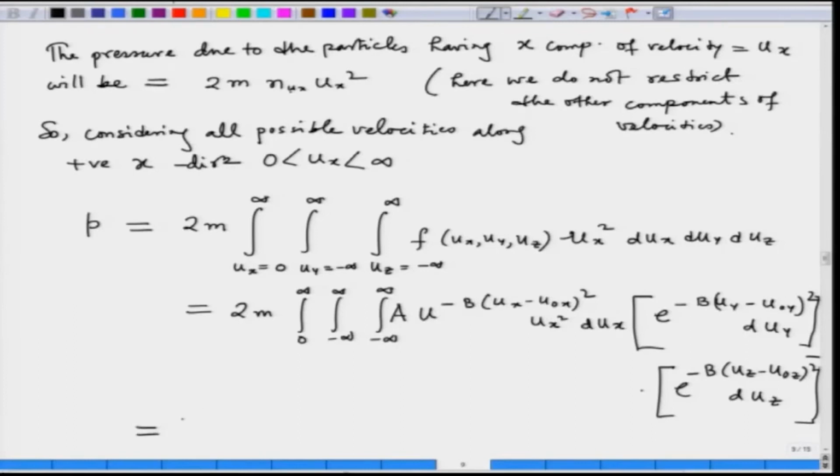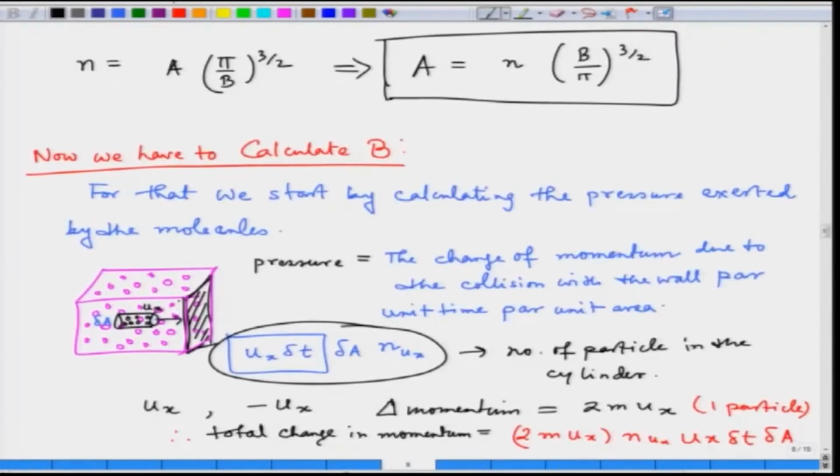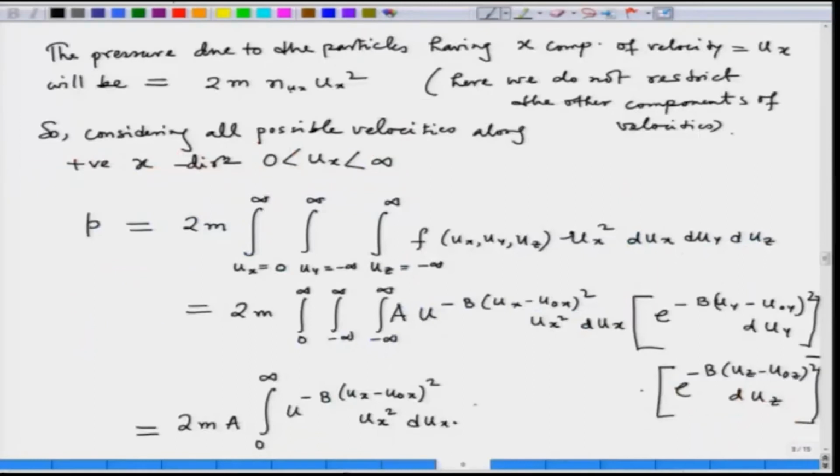Now, finally, this is exactly equal to 2 m a, you have this integration 0 to infinity e to the minus b (ux minus u0x) whole square ux square dux times 2 integrations squared.